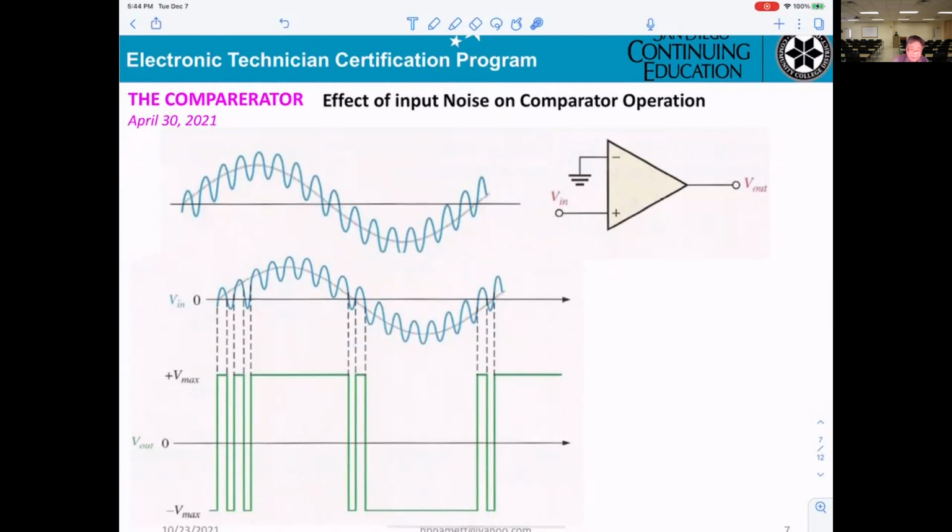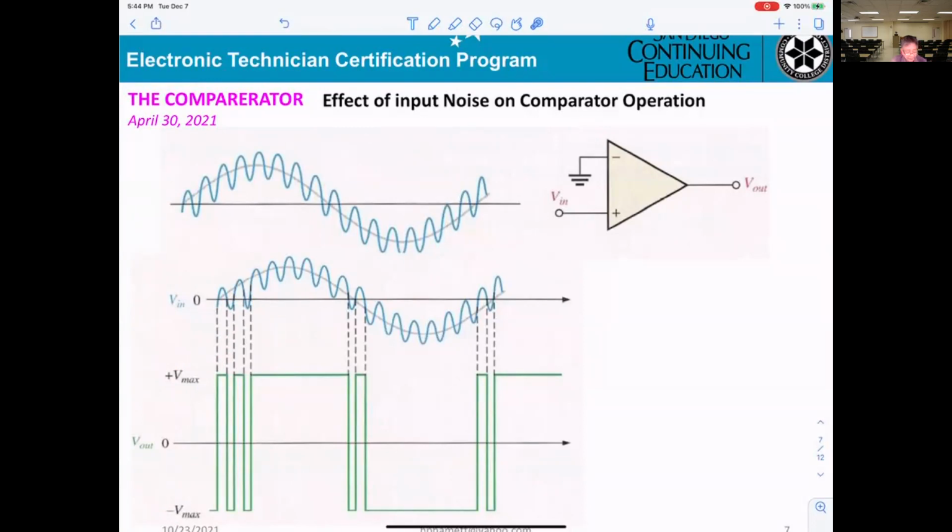However, your input right here, you can see your input has too much noise. So you can see they try to get away from the noise. That's what they show you here. Okay. So this is your V in, and this is your output, V out max, positive saturation, negative saturation.